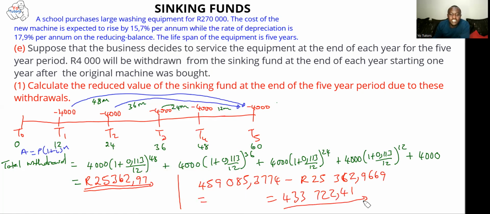Okay, so this is the reduced value of our sinking fund, because we actually took out 25,362 by withdrawing 4,000 every year. So withdrawing 4,000 every year reduced the sinking fund by 25,362. Now let's get to the next question and see what it is saying.